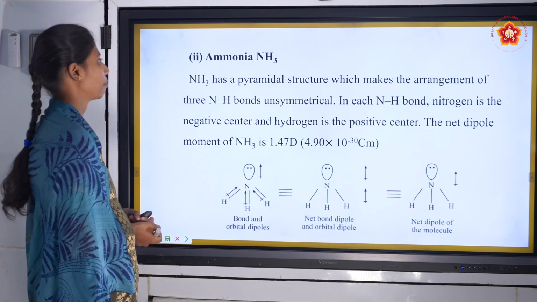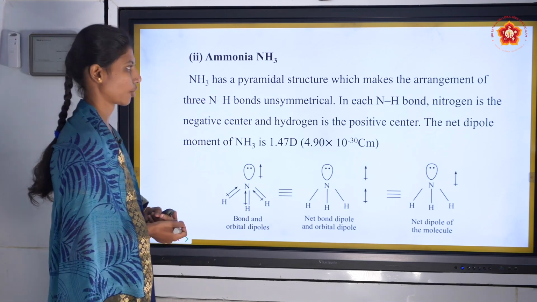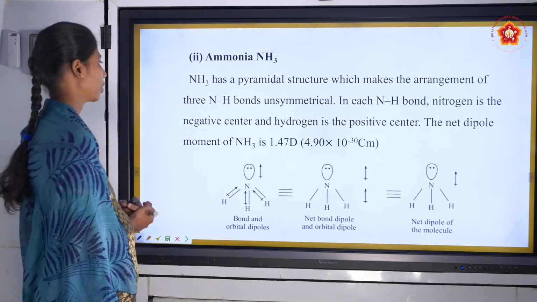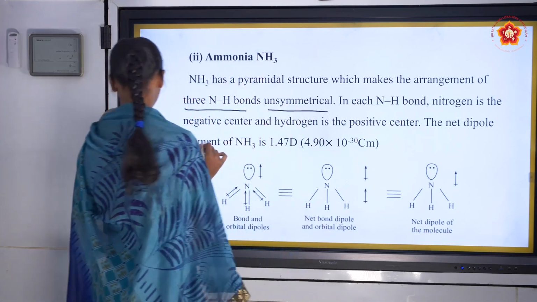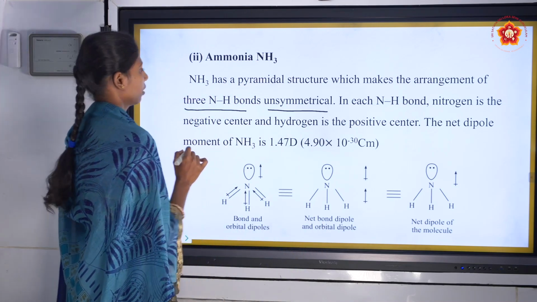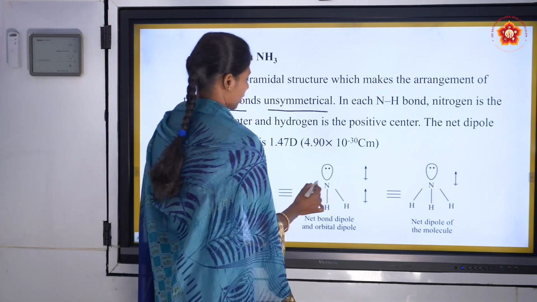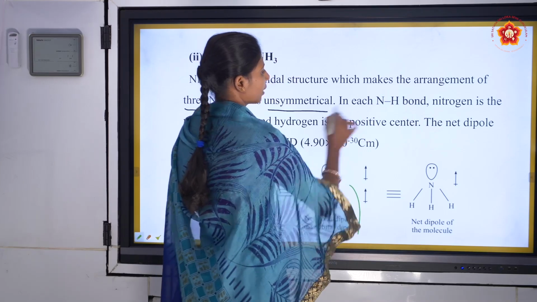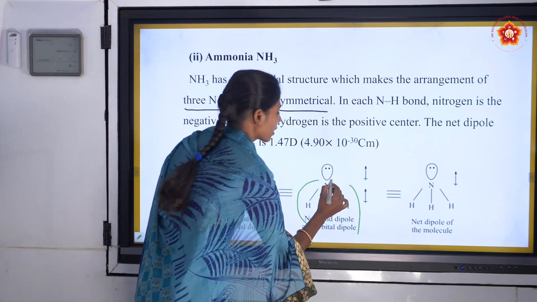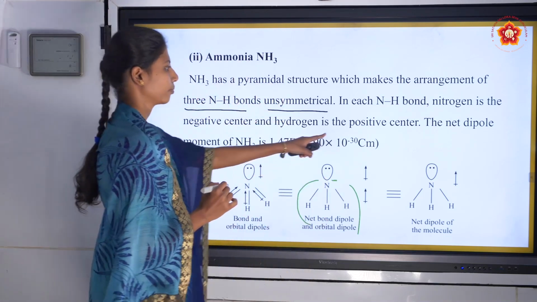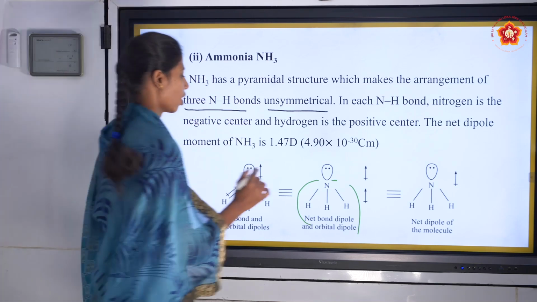Next example, ammonia, NH3. Ammonia has a pyramidal structure, which makes the arrangement of the 3 N-H bonds unsymmetrical. In each N-H bond, nitrogen is the negative center and hydrogen is the positive center.